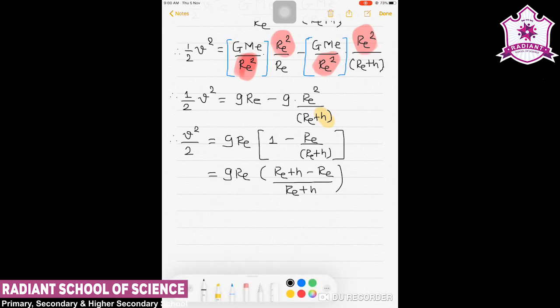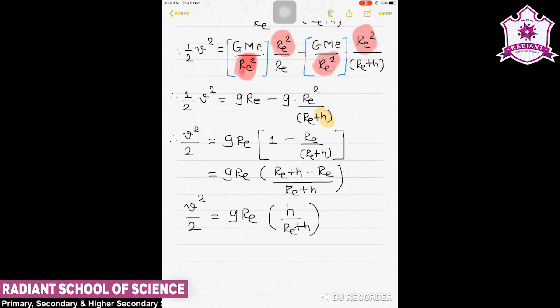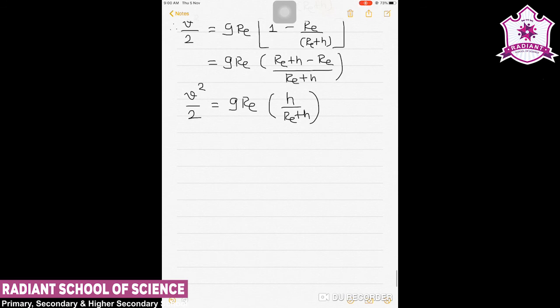Let's take the term that is v square by 2 is equal to g Re h upon Re plus h. Now we will take a simplification for this part. So here we have all other terms except h. So for that part, we will move further.